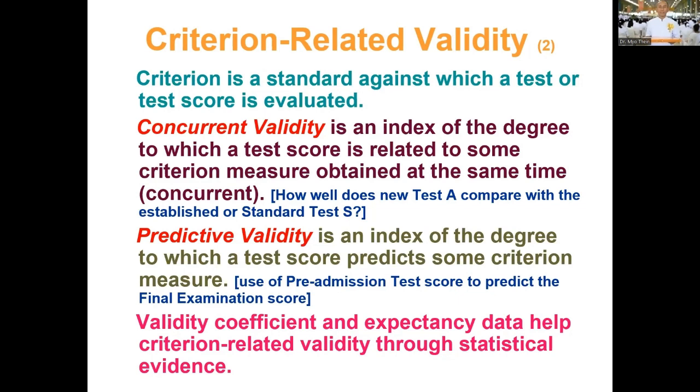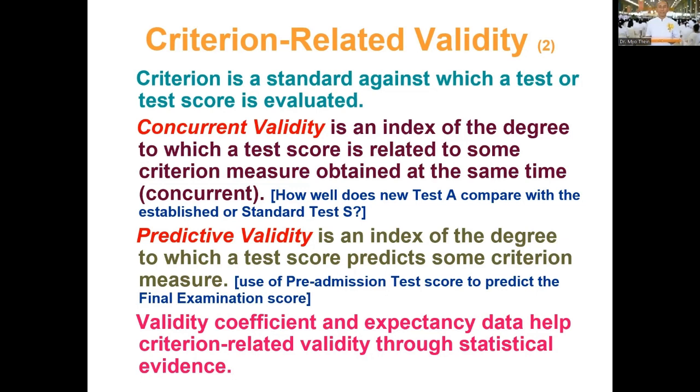So concurrent here is in the sense of how well a new test A compares with the established or standard test S. For example, how well does a test A compare with the established standard test S. Correlations between the independent and dependent variable are used to measure it.